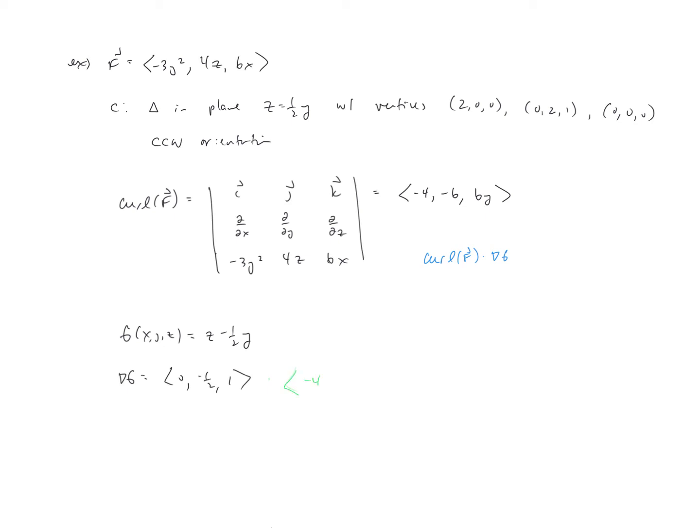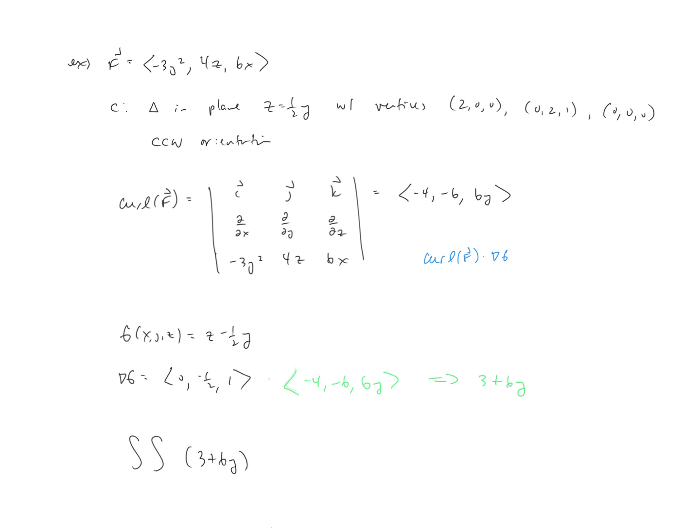So that's going to be negative 4, negative 6, and 6y. And in dotting these, we'll get a 0 for the first one. We'll get a 3 for the second one, and then a plus 6y for the third one. So this will give us 3 plus 6y. All right, so I'll go ahead now and drop that in, 3 plus 6y.